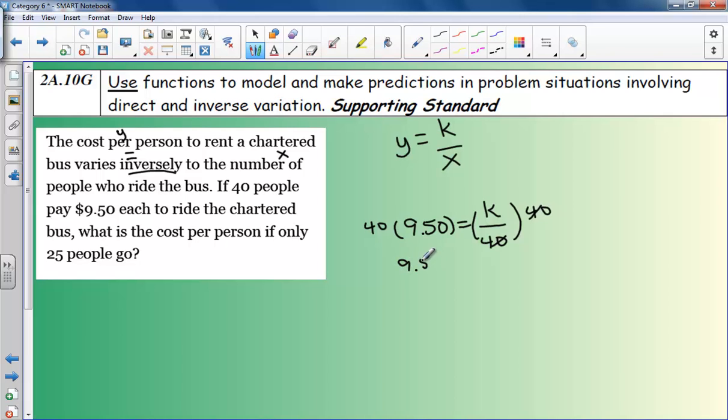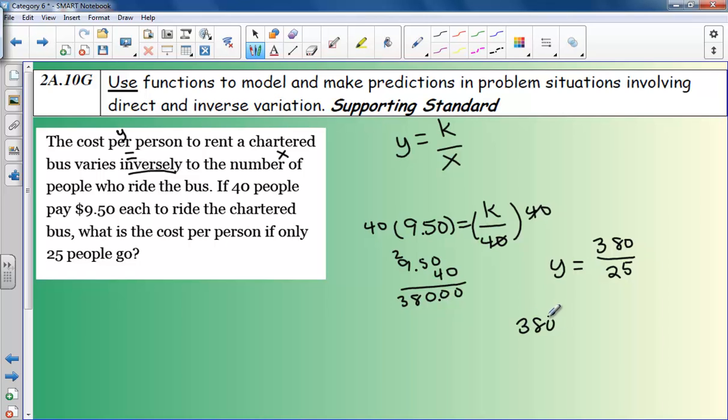So 9.50 times 40, 0, 4 times 5 is 20, times 9 is 36, so $380 for 40 people to go. So then I want to know, so there's my k, how much would that cost for 25 people?